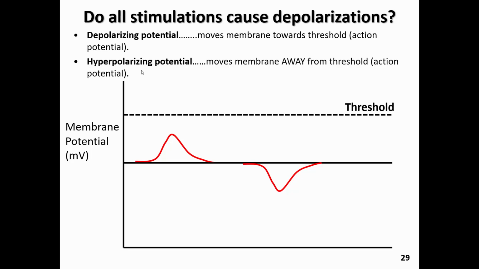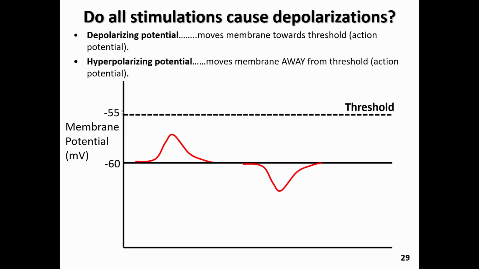Opposite to that is what's called a hyperpolarizing potential. So we have a polarized neuron, and if it's hyperpolarized, it just becomes more polarized, and that's illustrated with this tracing here on the graph. So we start with our negative 60.